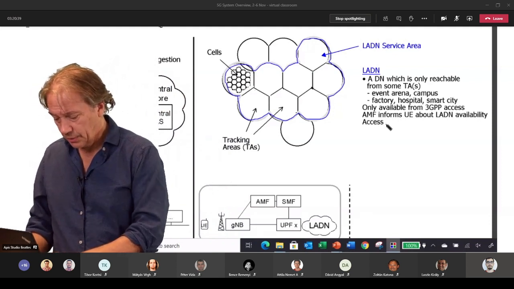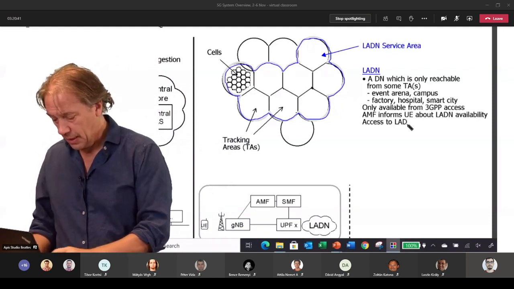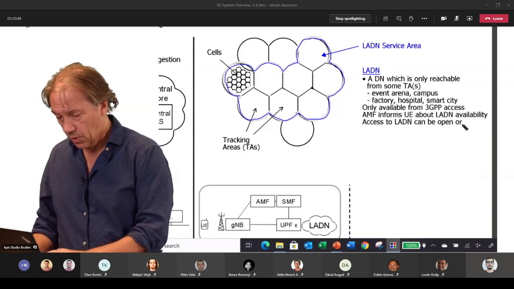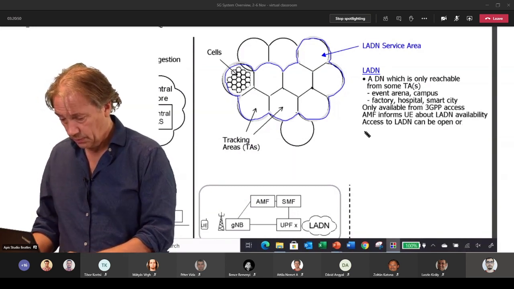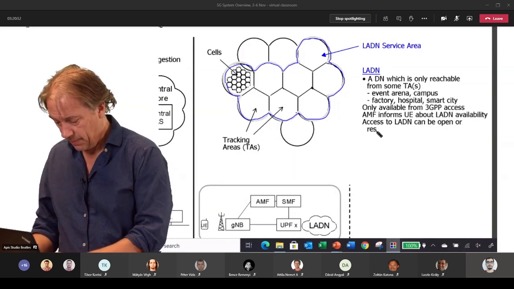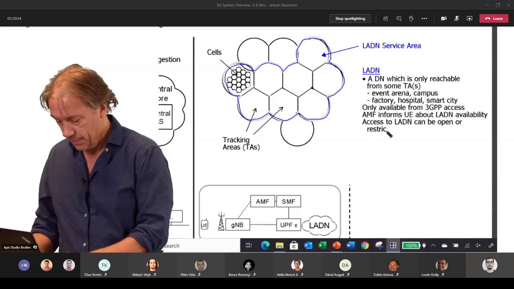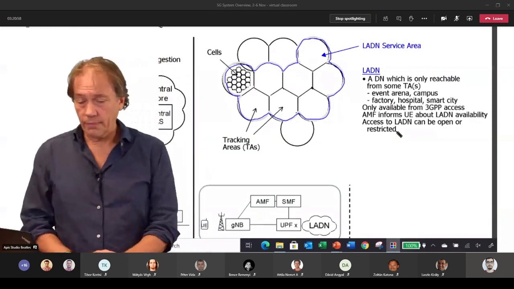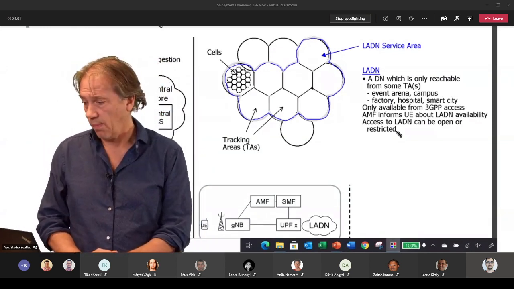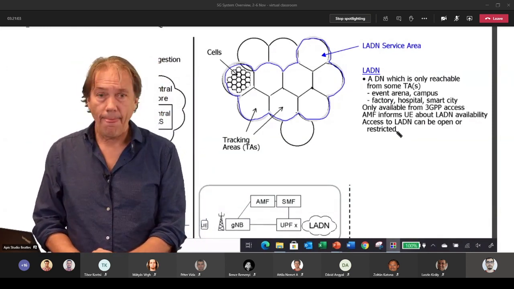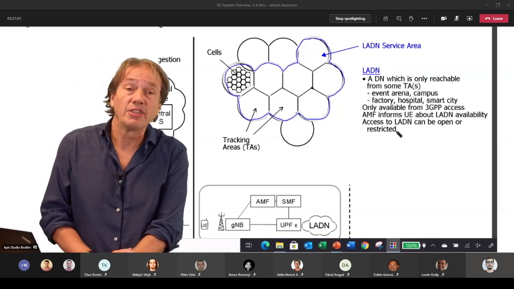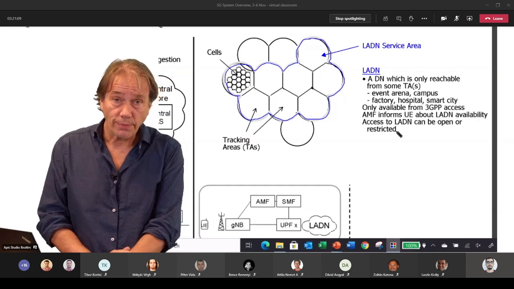So access to LADN can be open or restricted. Which makes sense, I suppose.